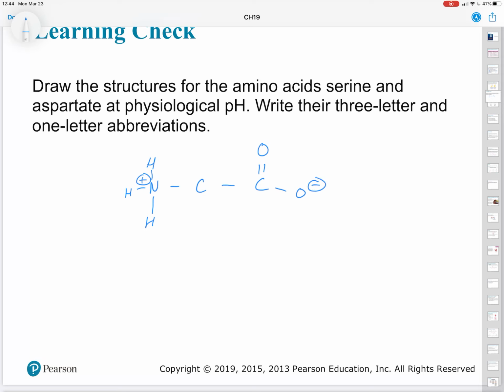Circle my charges. I know that there's a hydrogen on my alpha carbon and then an R group. And then serine, I happen to know, contains the SH group in it. And so I think this is my amino acid. The 3-letter is probably SER. We can check that. And the 1-letter abbreviation, I would guess for serine is S. But now I really need to know, so we're going to go take a look.